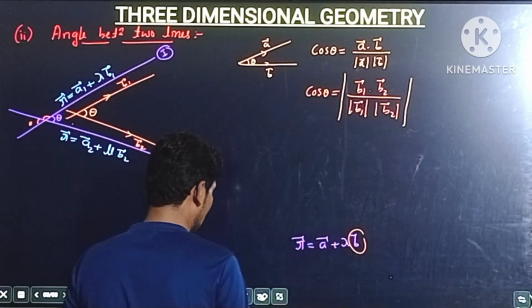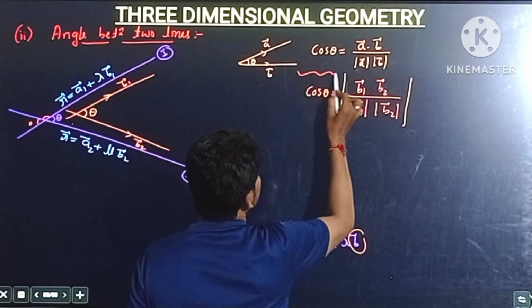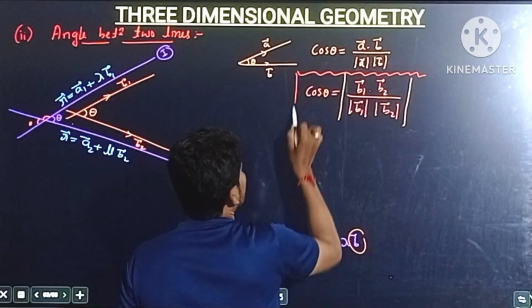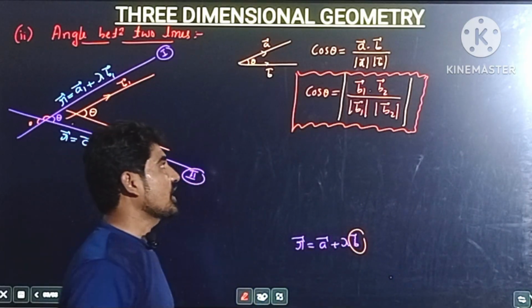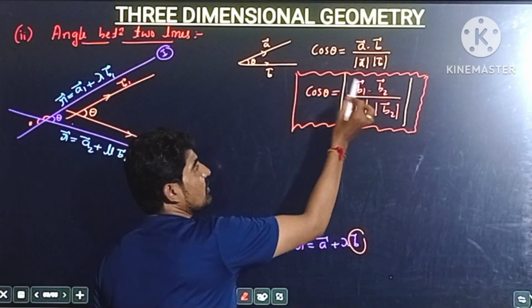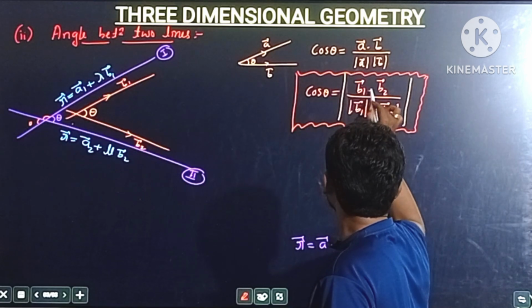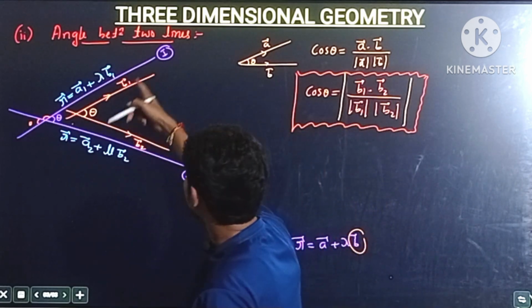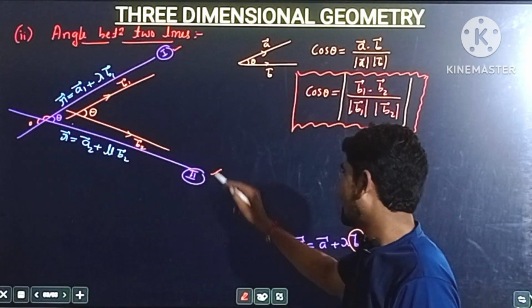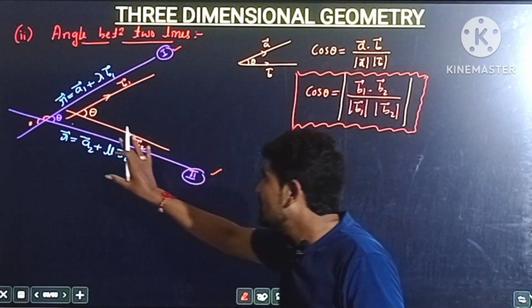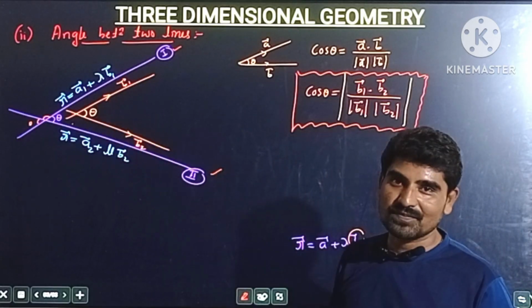Therefore, the formula to find the angle between two lines is cos theta is equal to modulus of b1 vector dot b2 vector divided by magnitude of b1 vector into magnitude of b2 vector, where b1 vector is the parallel vector of the first line, b2 vector is the parallel vector of the second line. So this is the angle between these two lines when their vector equations are given.